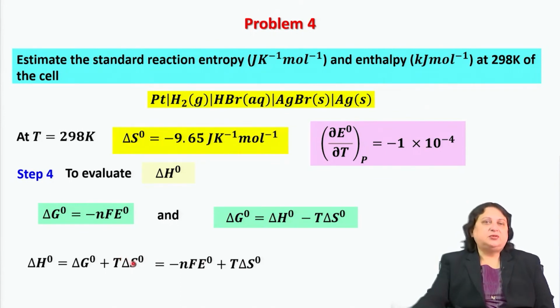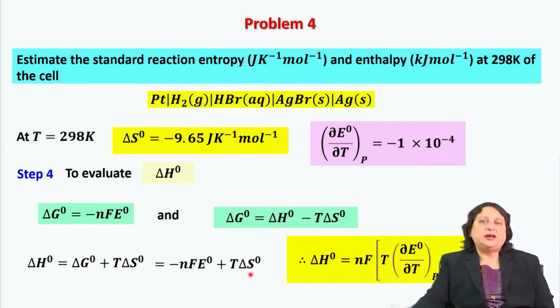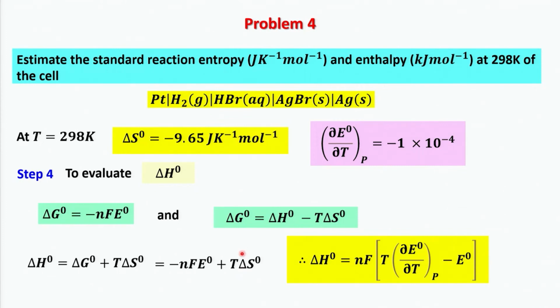So, if I write it down, then I will replace delta G naught by minus nF E naught, and then I will go ahead and incorporate the expression for delta S naught that I have already used, and this is going to be my final expression for the standard reaction enthalpy, which is going to be my working formula. So, moving ahead, to find out delta H naught, I require this quantity as well as this quantity at 298 Kelvin.